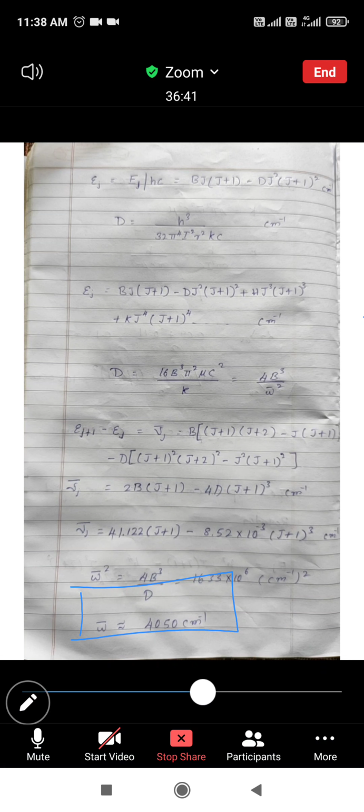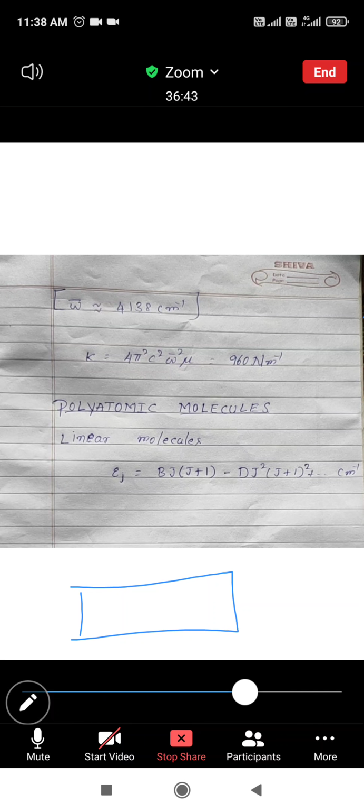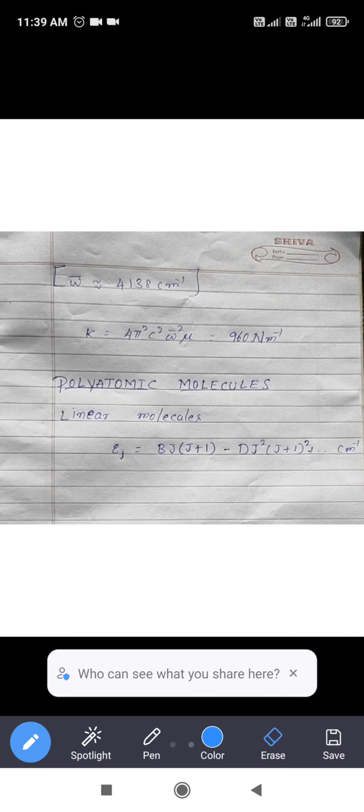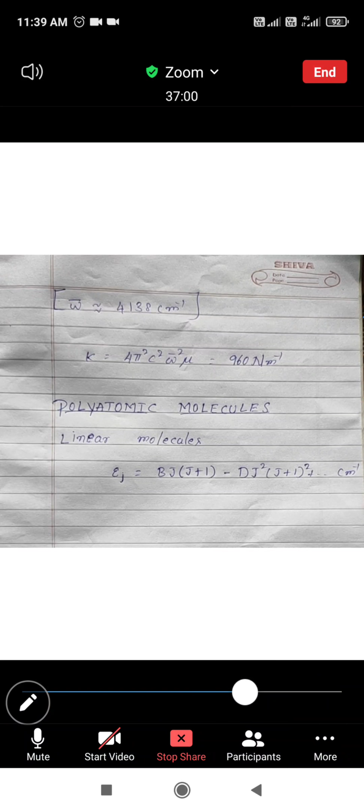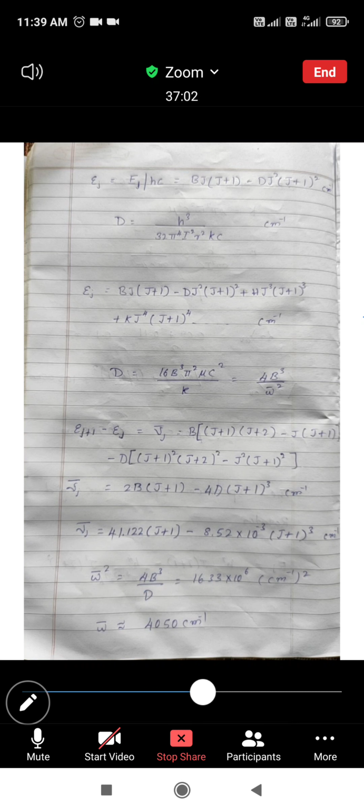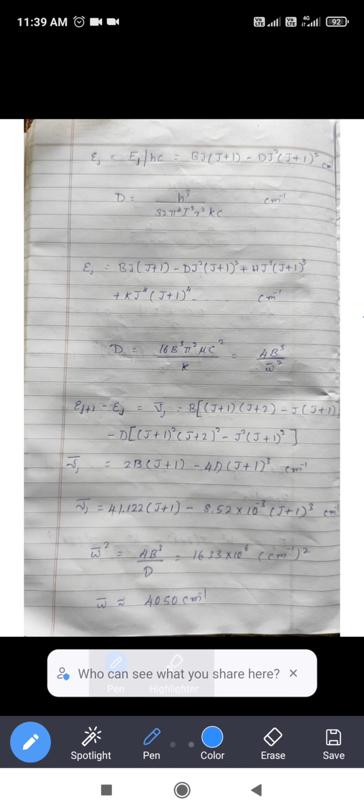Next page. Omega bar is nearly equal to 4138 centimeter inverse. It is the standard vibrational frequency of the bond of the HF molecule. So here we can calculate omega bar from the non-rigid rotator model of the HF diatomic molecule.